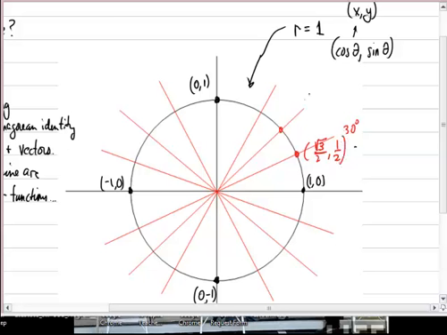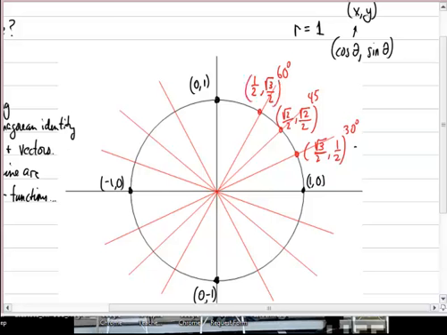When we moved to 45 degrees, the cosine was root 2 over 2, and the sine was root 2 over 2 as well. And when we move to the point where we're at 60 degrees, the cosine was 1/2, and the sine was root 3 over 2.